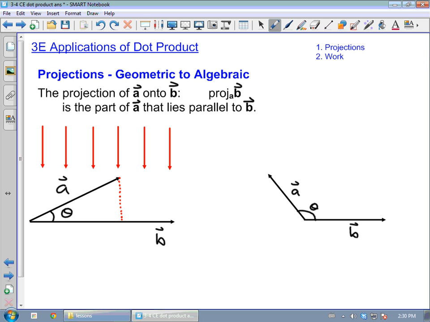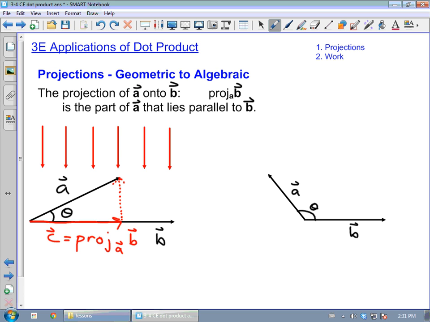It's going to form a vector down here. We'll call this C. C here is the projection of A onto B. So in other words, it's the part of A that is pointing in the same direction as B.